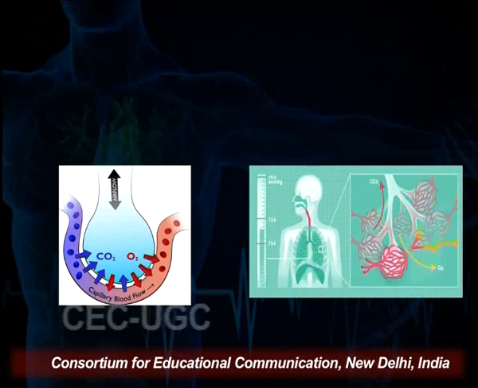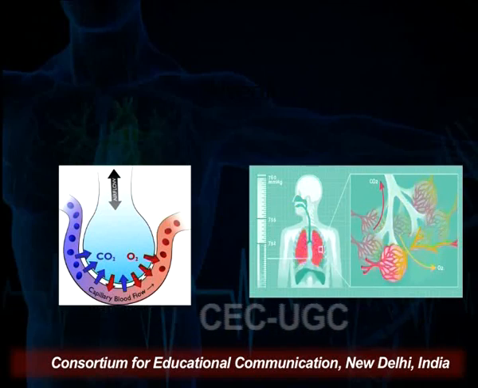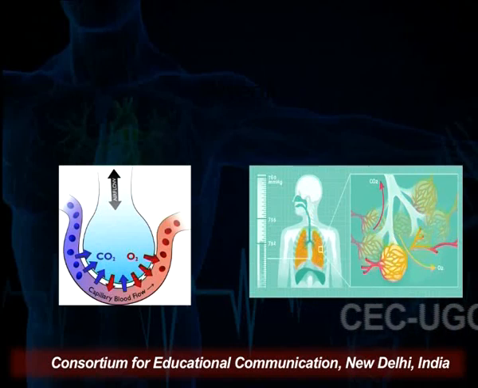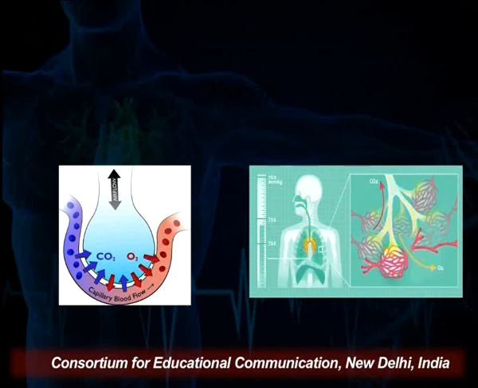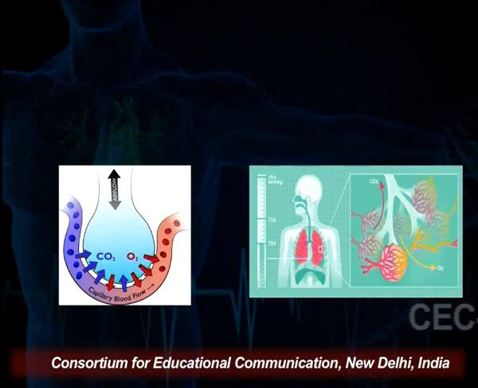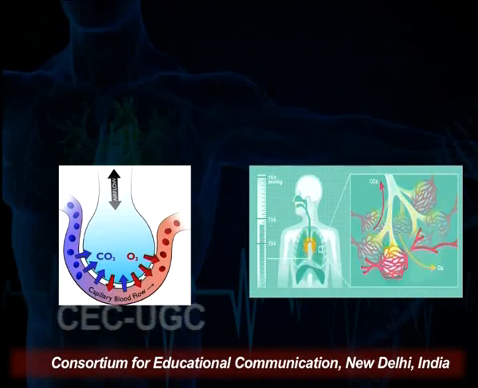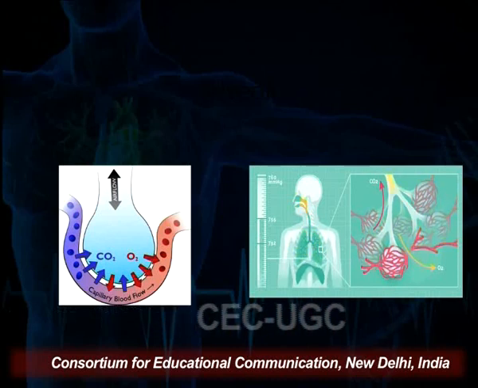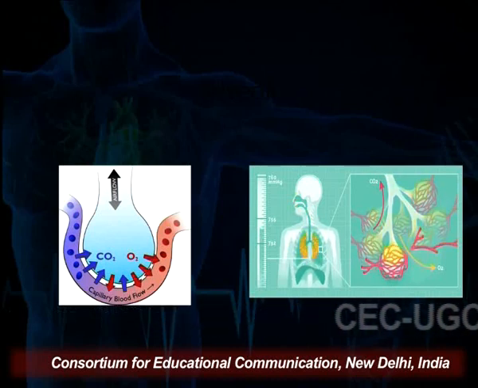In the diagram also you can see when we inhale, the air goes to the lungs, and when we exhale, the air goes out from our body through our mouth and nose. And in the alveoli, the gas exchange happens. We inhale oxygen and exhale carbon dioxide.